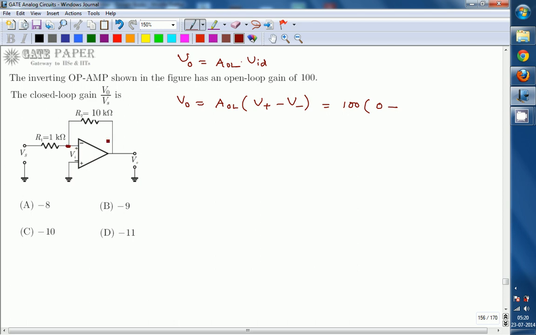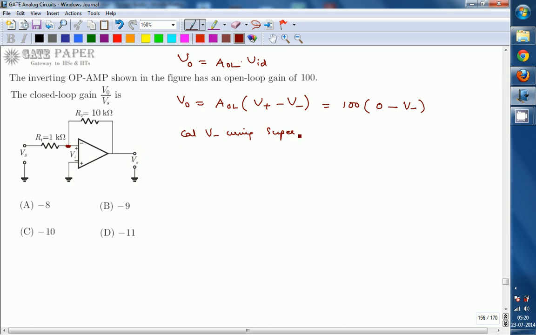This value can be calculated by using the superposition theorem. So calculate V minus using the superposition theorem, because the voltage at that node is affected by Vs as well as by V naught.